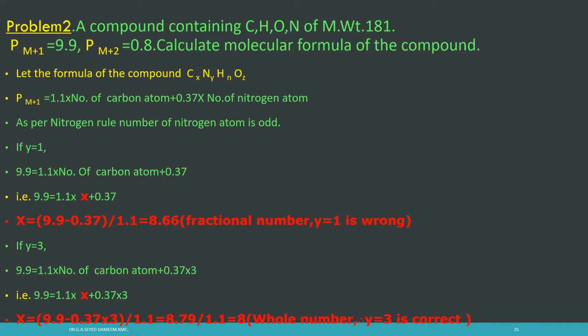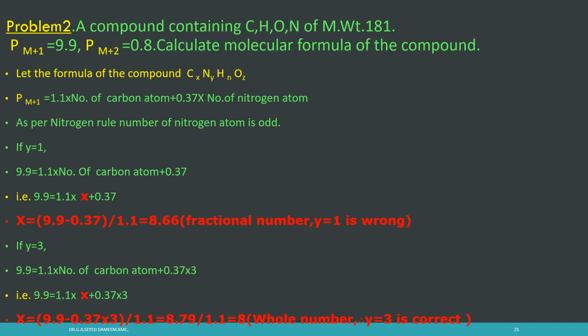So here there are two unknowns, x is the number of carbon atoms, y is the number of nitrogen atoms. Now there is a rule, the nitrogen rule. As per the nitrogen rule, the number of nitrogen atoms is odd in this case, because the molecular weight is odd. What is the nitrogen rule? If the molecular weight is odd, then the molecular formula contains an odd number of nitrogen atoms, that is 1, 3, 5, etc.